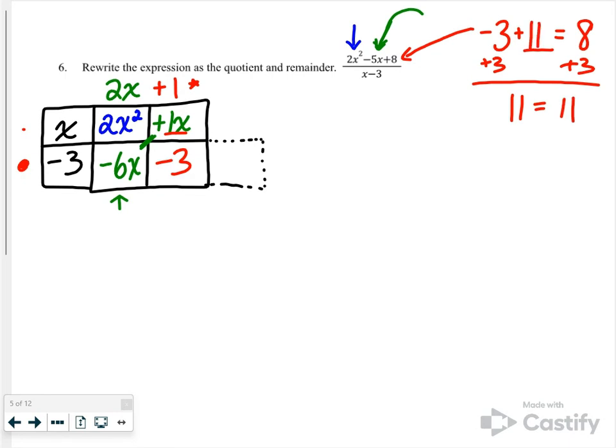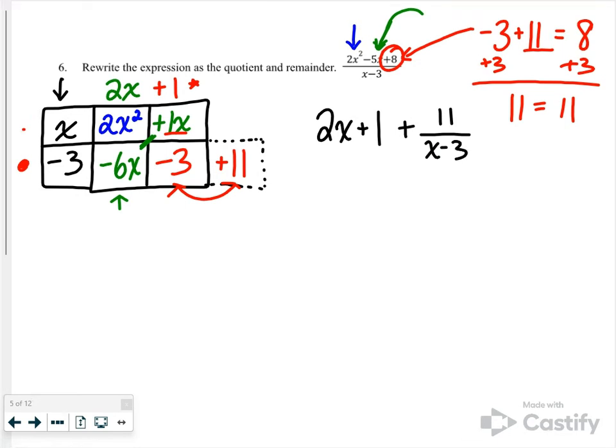So if I add an 11 here, now the 11 and the minus 3 both combine to make our plus 8. So the way that we're going to write this out is we would say that the quotient is 2x plus 1, and the remainder is 11 over what we divided by, which is x minus 3. So that is going to be our result.